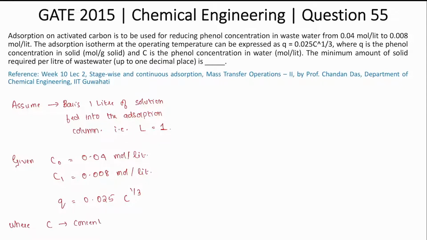Here C is the concentration of phenol in the wastewater. C0 is the initial concentration of phenol in the wastewater, and C1 is the final concentration of phenol in the wastewater after the adsorption has taken place. Then Q is the concentration of phenol in the solid adsorbent.